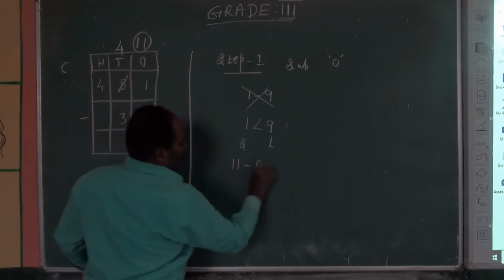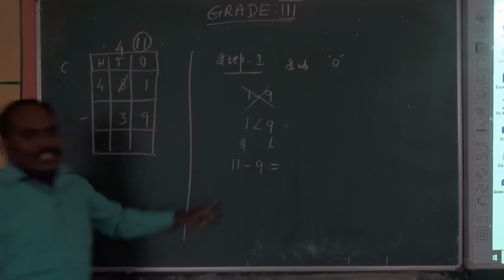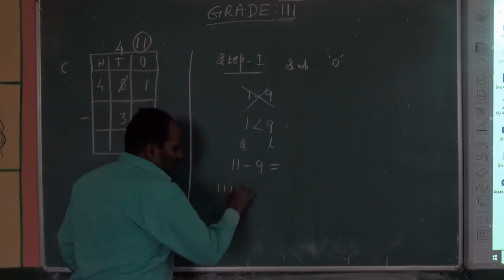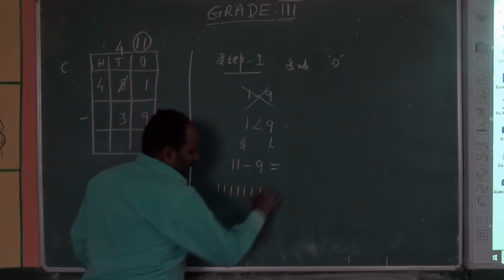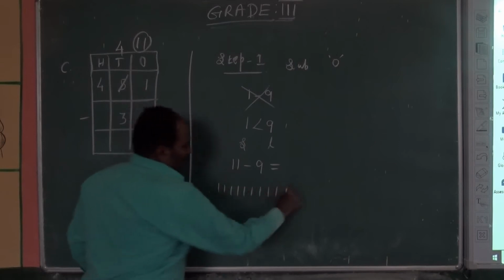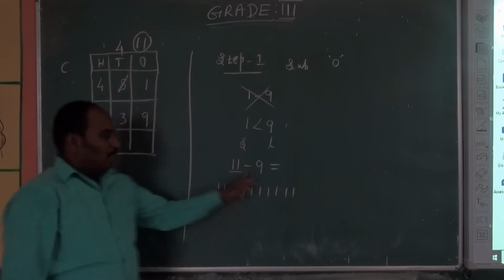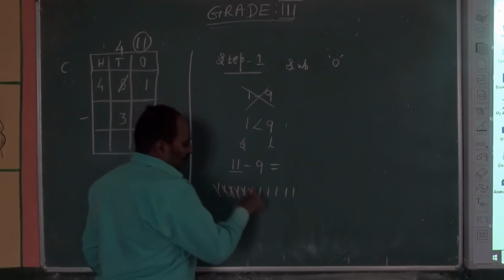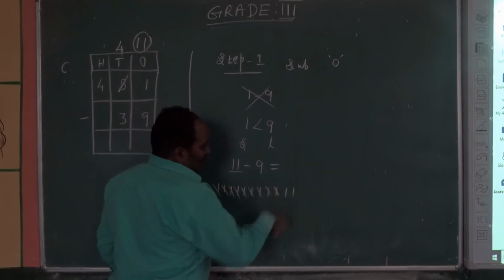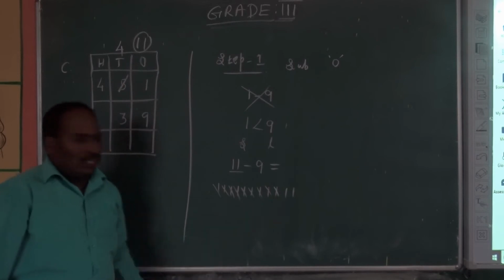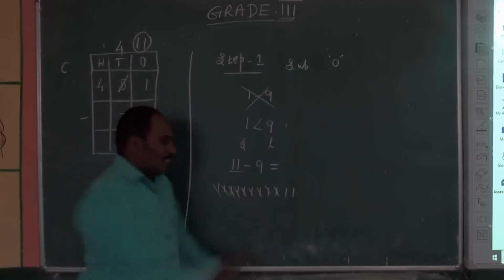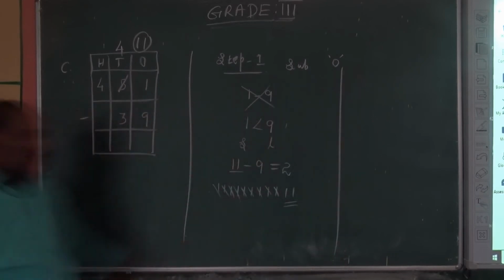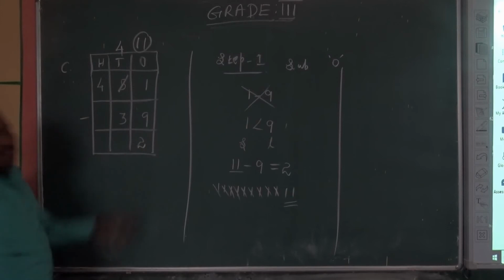Here it is possible. 1, 2, 3, 4, 5, 6, 7, 8, 9, 10, 11. 11 minus 9, 9 lines are cancelled. Balance 2. 11 minus 9 is equal to 2. The number 2 write in ones place.